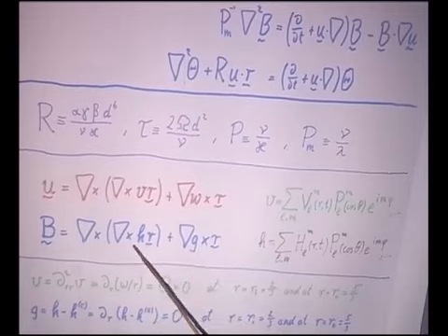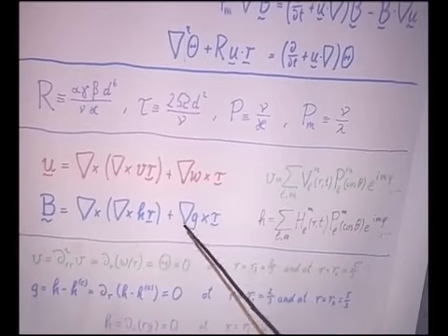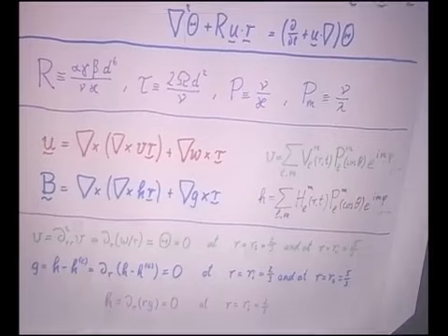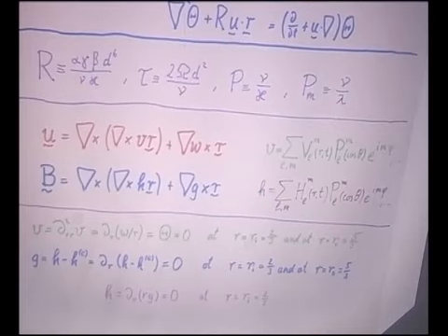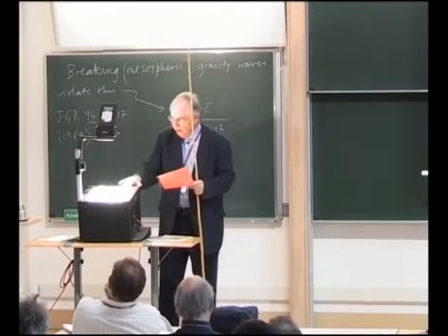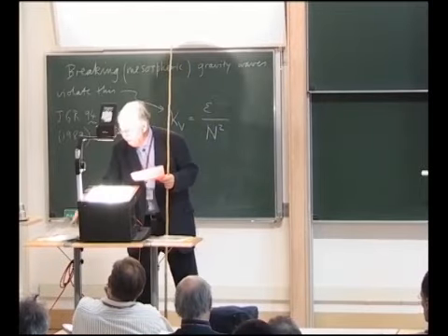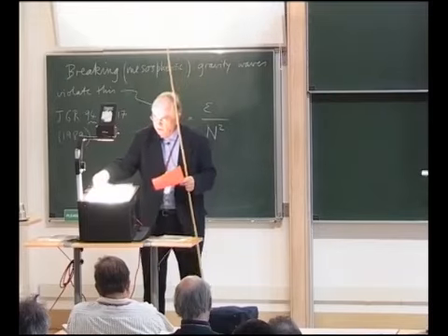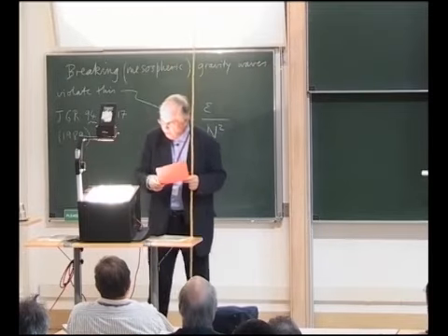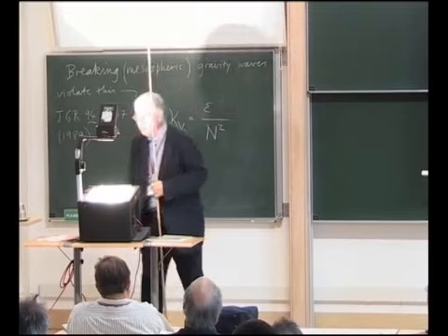So there's just one more equation we have to deal with, and that's one more parameter. The magnetic field is represented similarly in poloidal and toroidal parts. The toroidal part is the one which we can't see from the outside because it has to vanish at the core surface.